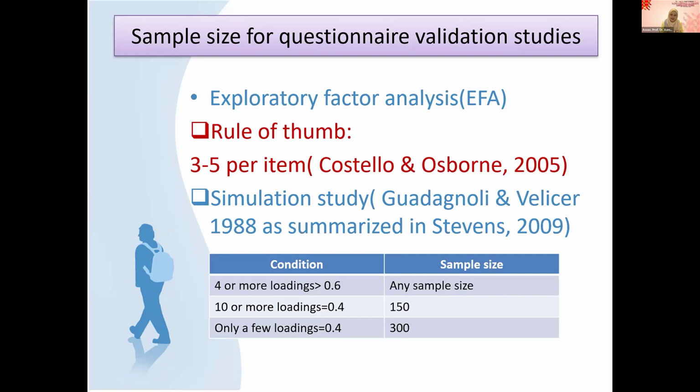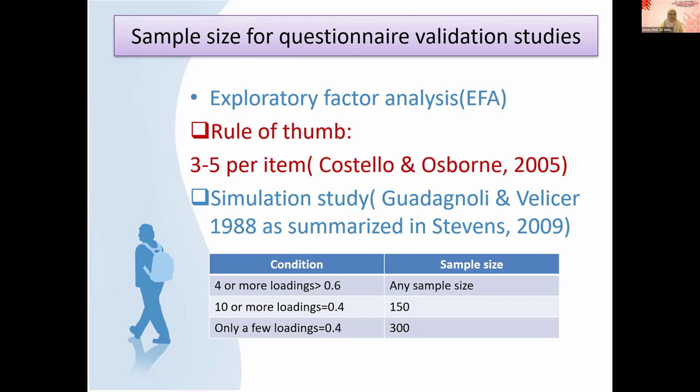Some suggest 0.5. Okay, so the best is actually 0.5. The better is more than 0.6. If you have 0.6 with four or more, then you can have any sample size because it's very good. But if it's lower, then you need a big sample size.